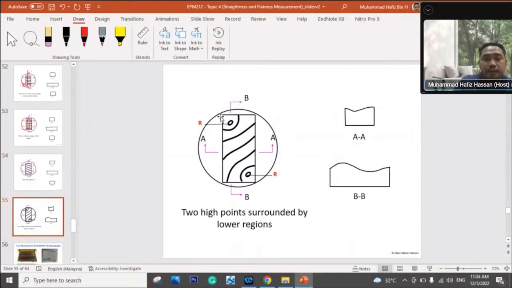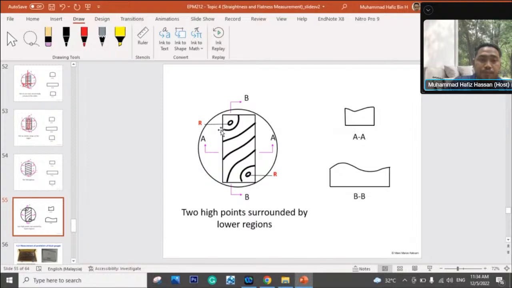Okay. This is another example that you have to think about. This is a contour, which is normally something you have to imagine going from 2D to 3D.